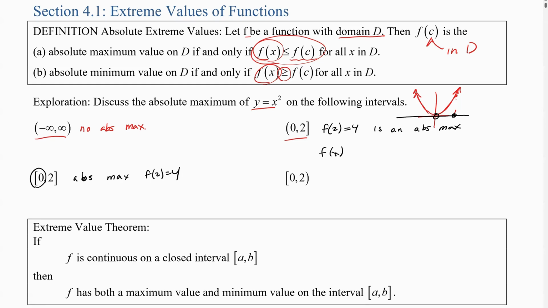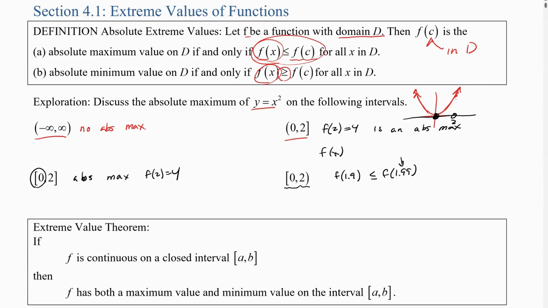But what if we end up with a special case? Closed at the low end, but open at the high end, open at 2. You say, oh, I don't know, maybe f of 1.9 is the absolute max. You propose this. And I said, well, I think I can produce a value that's bigger than that, like f of 1.99. Great.